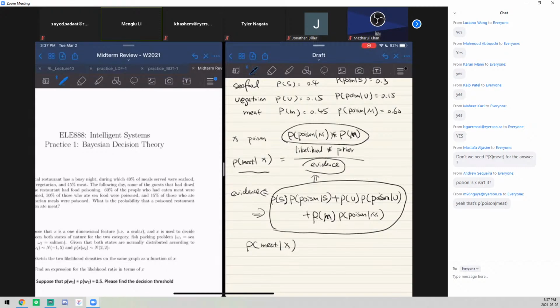For the answer, given x, we want to know the probability that the person already ate meat, and x is poison or not.